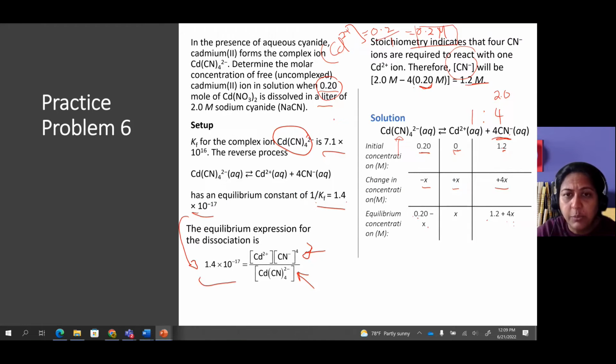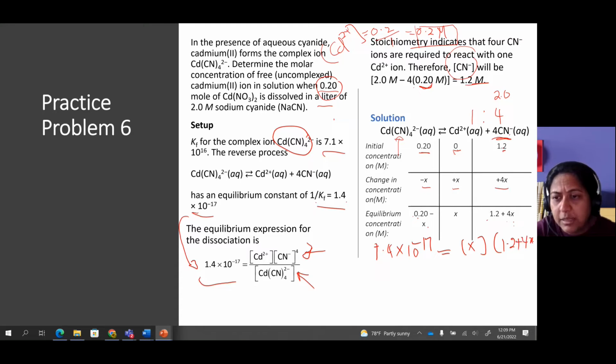Then you plug these values into the equilibrium constant: 1.4 times 10 to the negative 17 equals x times (1.2 plus 4x) to the fourth, divided by 0.2 minus x.